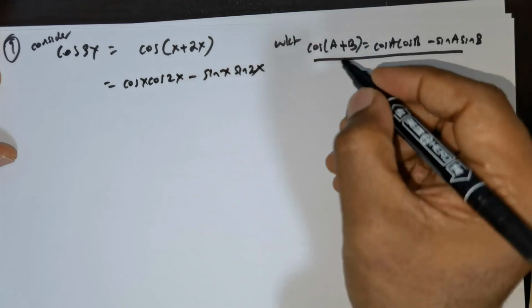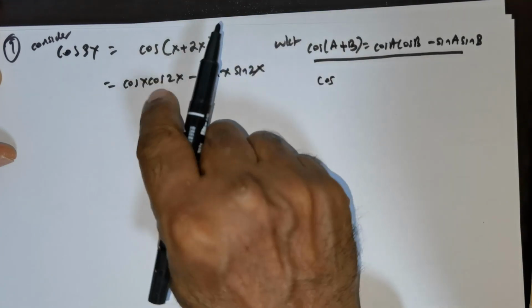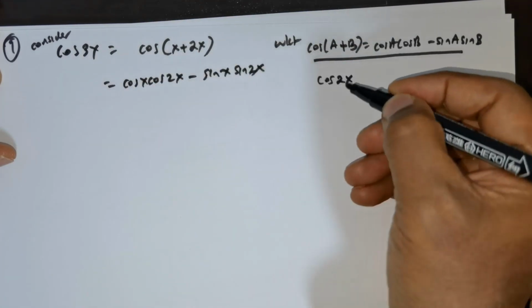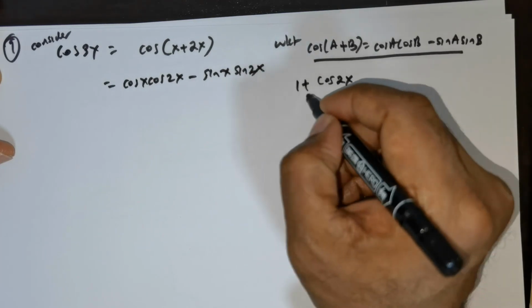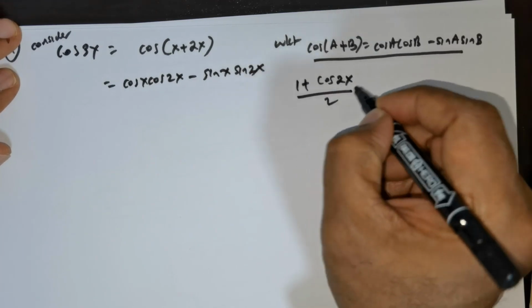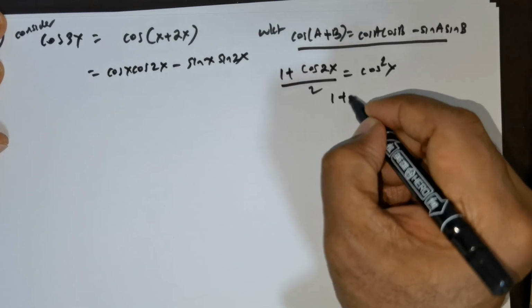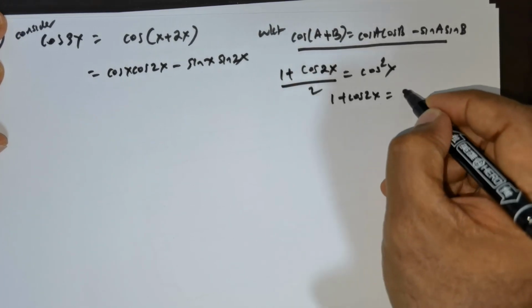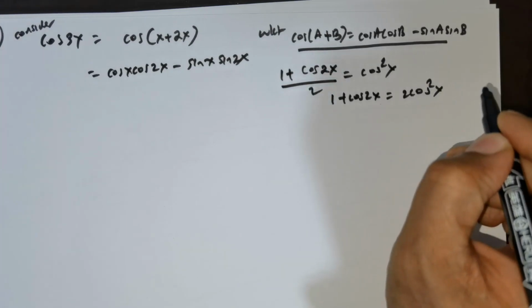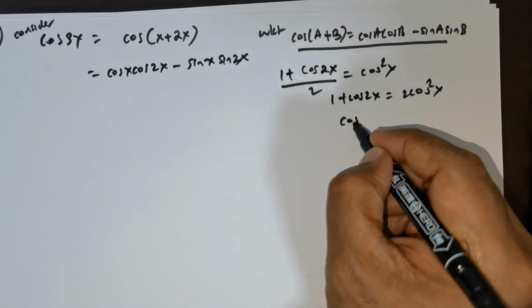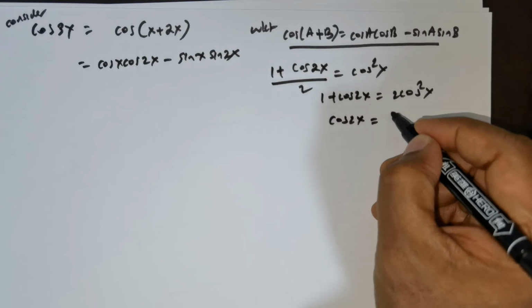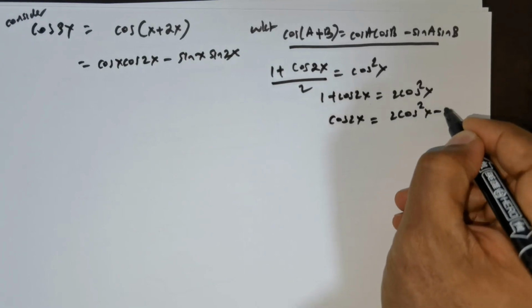Okay, now cos 2x is there. There is a formula which is written as follows: 1 plus cos 2x over 2 is equal to cos squared x. So from here I can rewrite this as 2 times cos squared x is 1 plus cos 2x. Rewriting this further would give me cos 2x is equal to 2 times cos squared x minus 1.